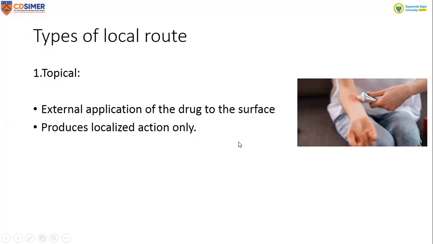It is expected to produce action locally only, and we don't expect the drug to get into the systemic circulation. Even if it gets absorbed, it reaches only a low concentration because the formulation is prepared in such a way that it does not reach the systemic circulation.